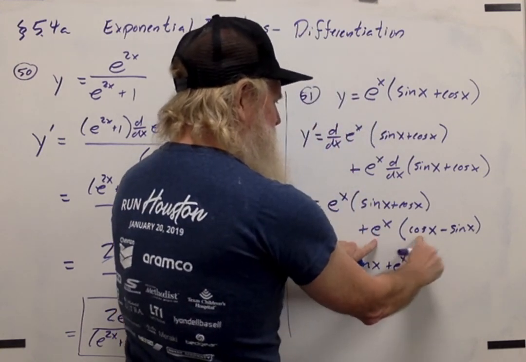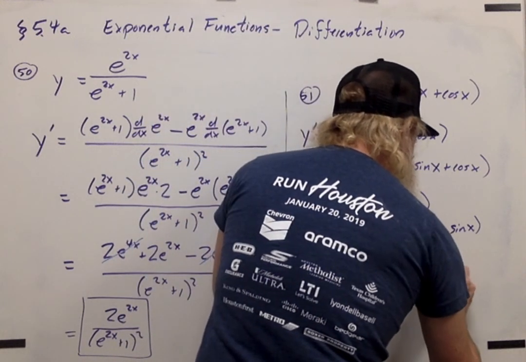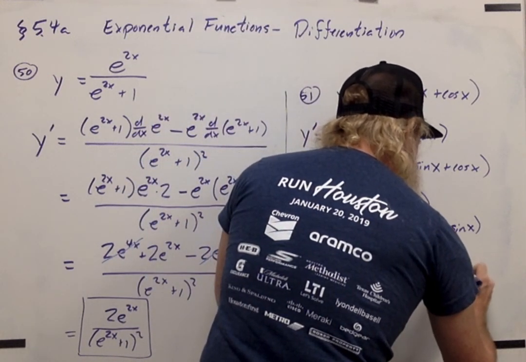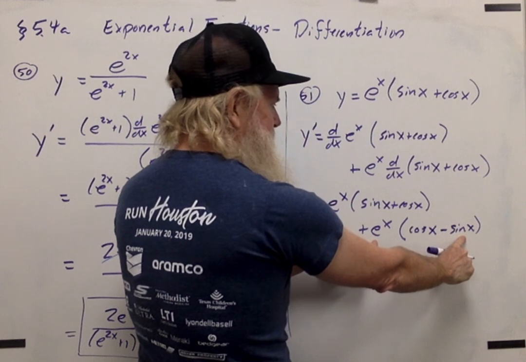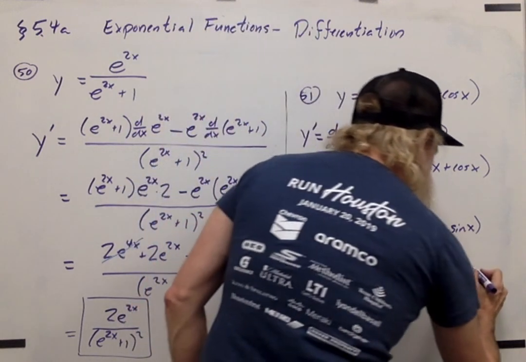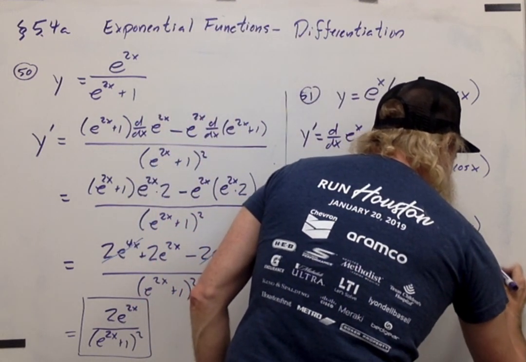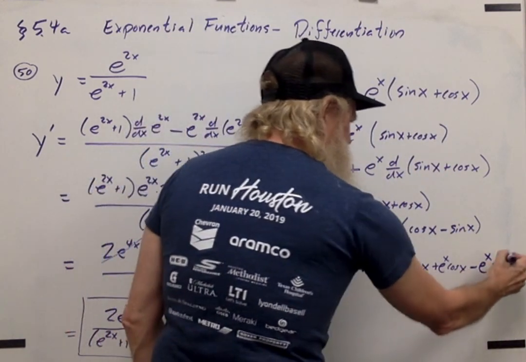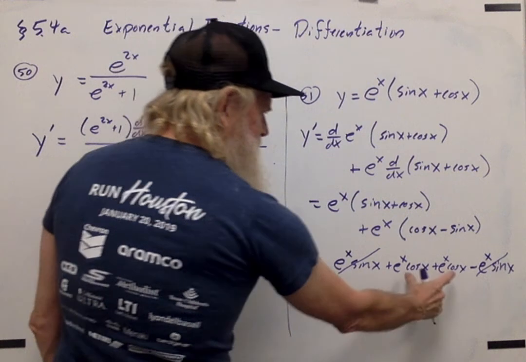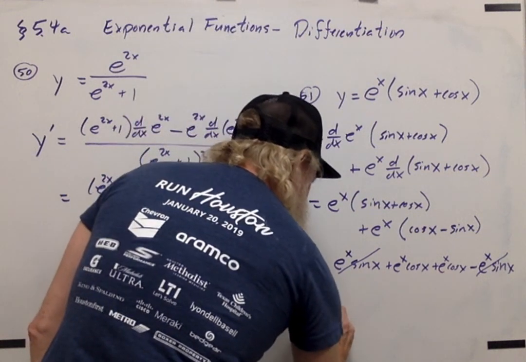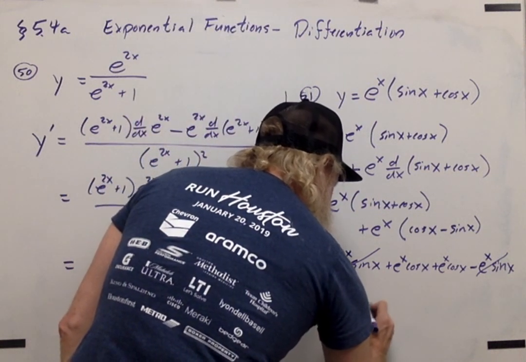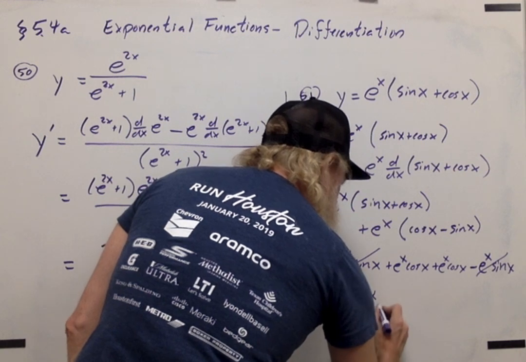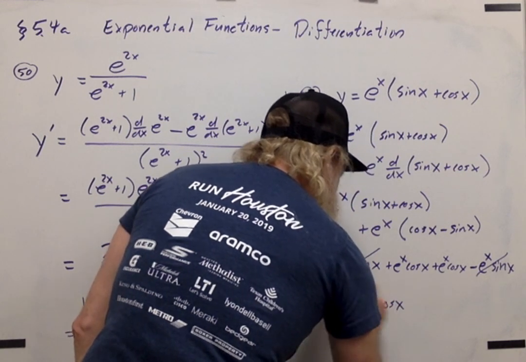Down here I have e to the x cosine x minus e to the x sine x. So notice that the terms involving sine disappear, and these two terms are identical, so I can combine like terms to get 2e to the x cosine x.